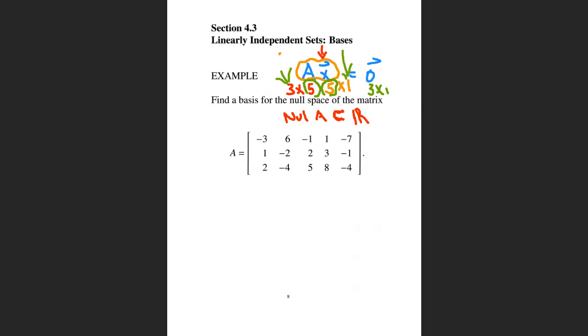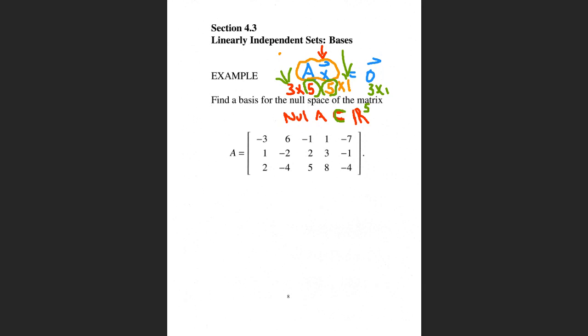Okay, so the null space then is a subspace of R what? It's a subspace of R5. That's right. Good, Belen. Because the vector X here is a 5 by 1 vector. It lives in 5-dimensional space.